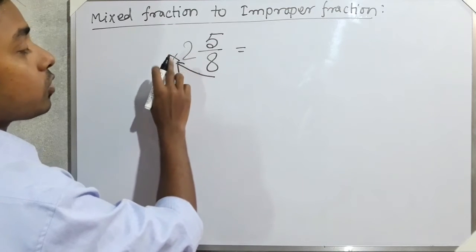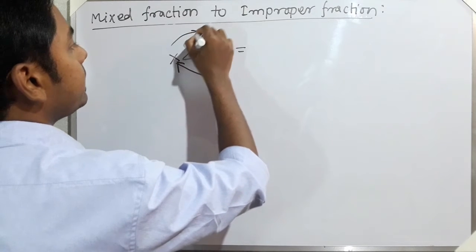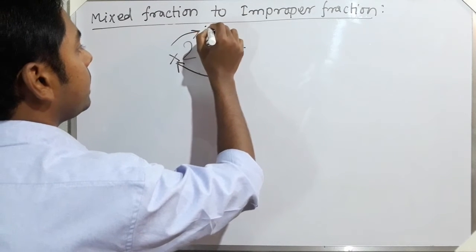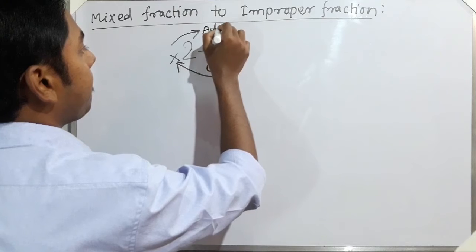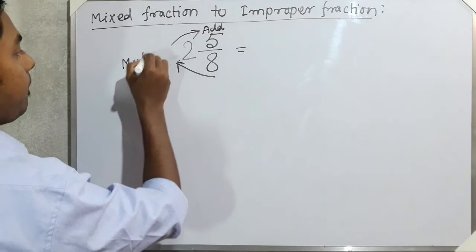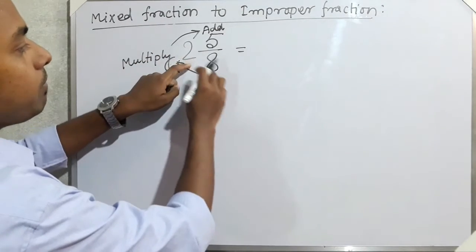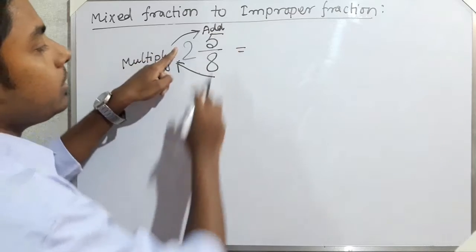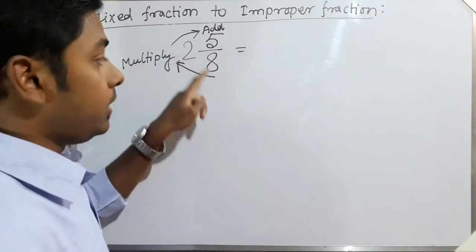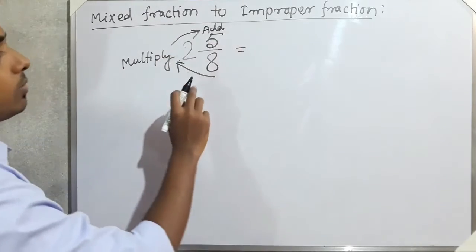This is multiply, not cross, and then we have to add the numerator. Here add, and here you can write multiply. Okay, first these two numbers multiply, then add with the numerator. The denominator and this number will be multiplied and then added with the numerator.